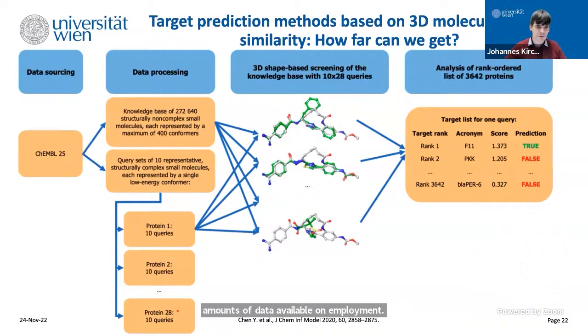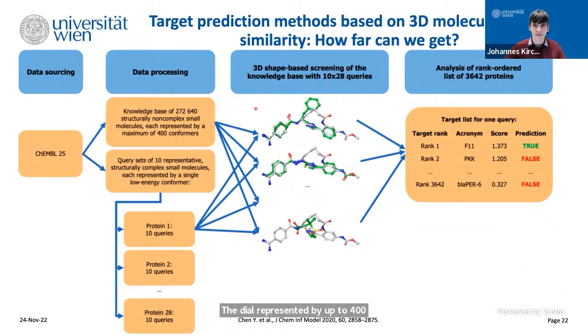For each of these 28 proteins, we selected 10 representative molecules as query molecules. These representative molecules are all complex, meaning they are large, sterically challenging small molecules. And we screened those against this large knowledge base of 300,000 molecules that are represented by up to 400 conformers.